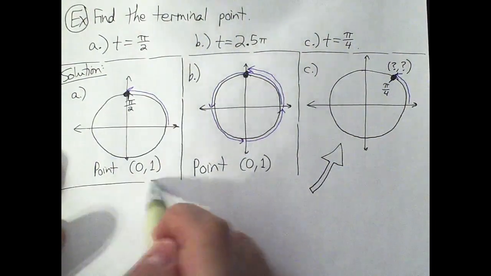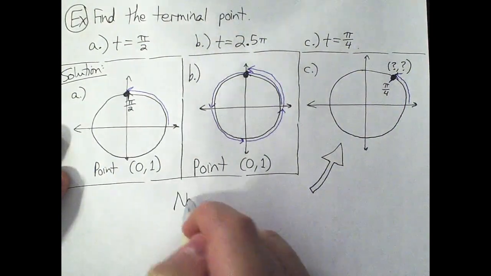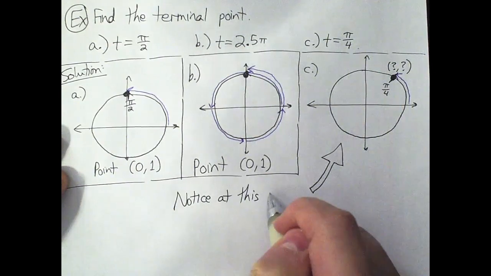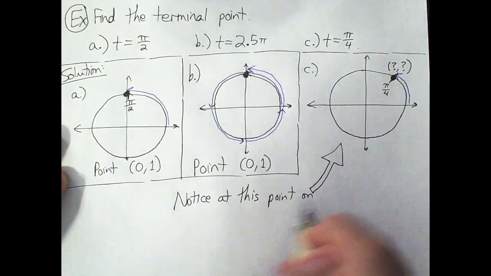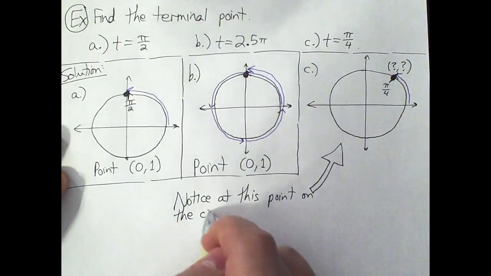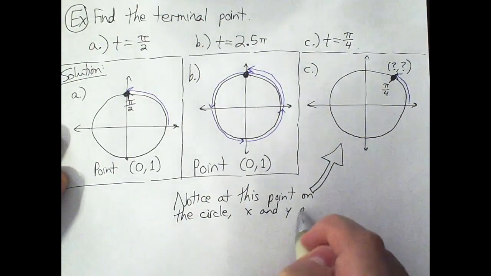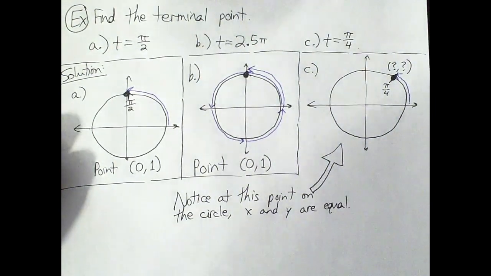Here, section these off. I guess we're done with those. I'd like to say notice at this point, at this terminal point on the circle, x and y are equal. Do you agree with that statement?